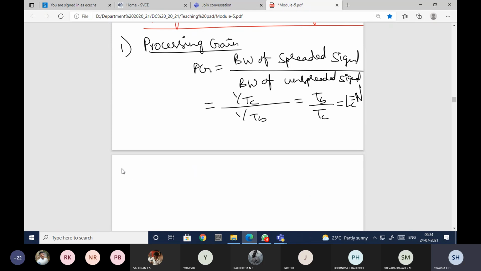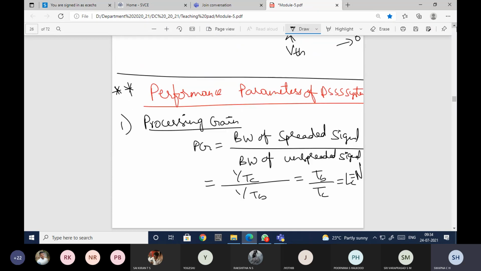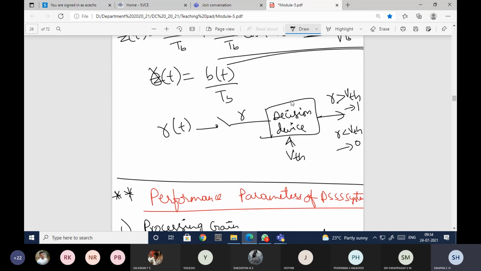Coming to the second parameter, here we need not derive it. We just need the equation related to that. See here also we are using modulation and demodulation, everything is happening, so there is probability of error. Because here, if you observe, I have the decision device and I need to decide whether the received symbol is 1 or 0.